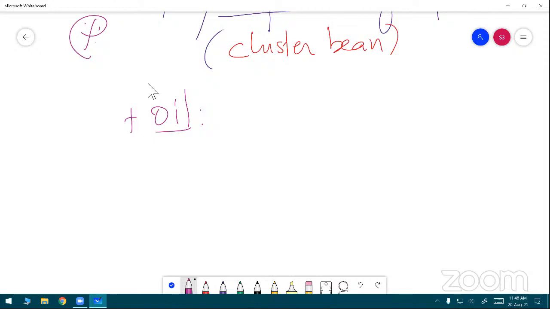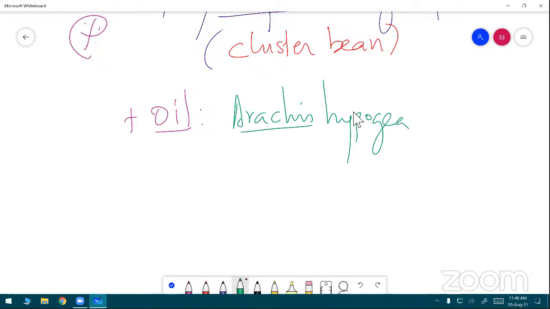Yes, students, please understand, if it is asked, you can write Arachis hypogaea. That is a binomial of groundnut. Arachis hypogaea is a binomial of groundnut.